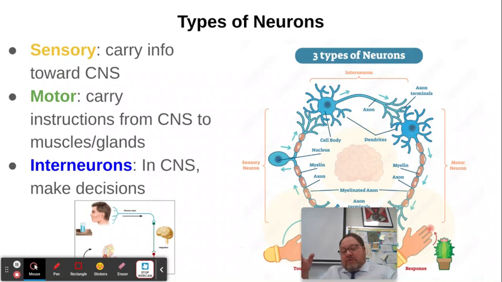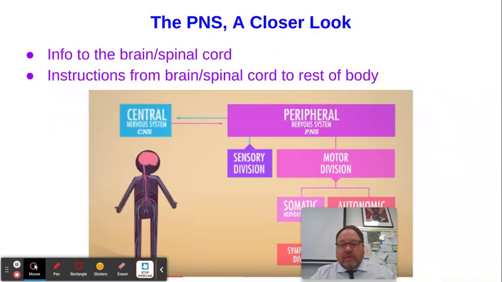Now, sensory neurons are all over the body. They're inside your body. They're on the surface of your body. They detect what's going on in and around you, and they send that sensory information to your interneurons. If a decision is made that the body needs to respond somehow, then instructions are carried out through motor neurons. Motor neurons run to muscles and glands and tell them what to do.